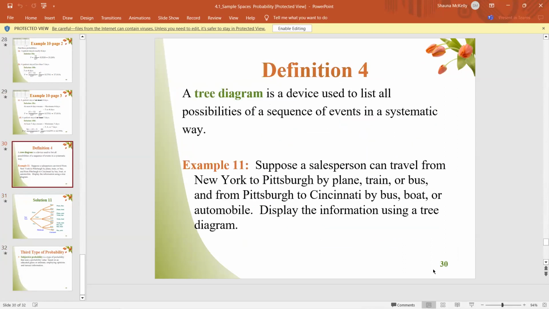what that looks like. A tree diagram is a device used to list all the possibilities of a sequence of events in a systematic way. So let me show you this because I thought this was in 4.2, but I was mistaken.